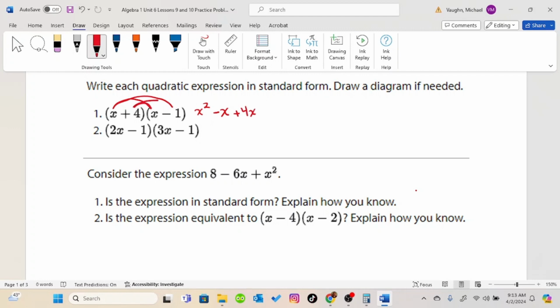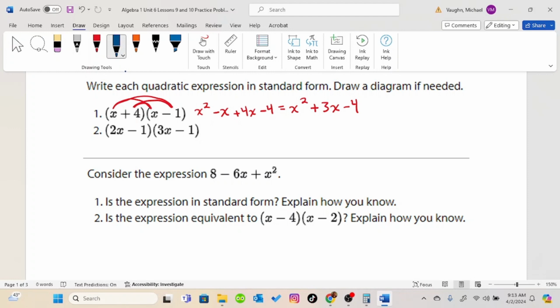And 4 times negative 1 is negative 4. Now I add like terms. Negative x plus 4x becomes 3x. And the final answer is x squared plus 3x minus 4.